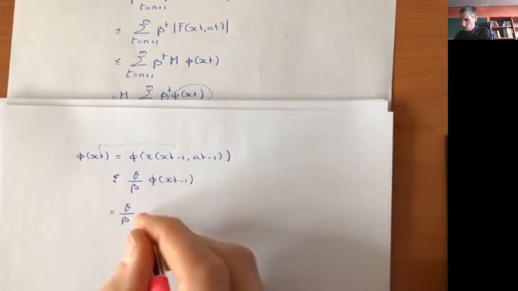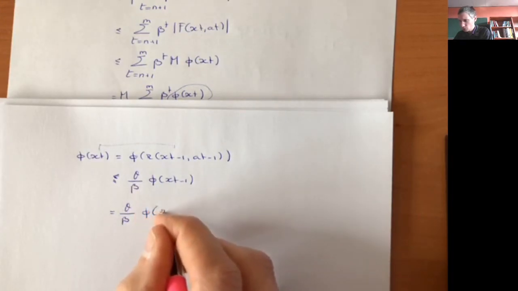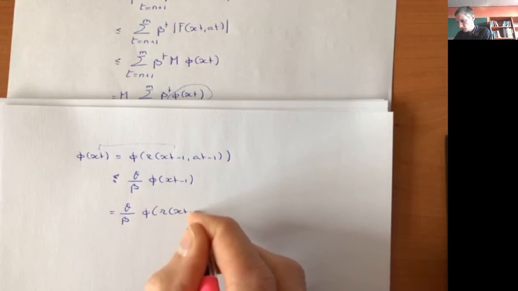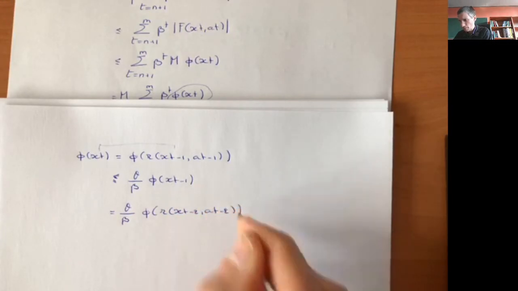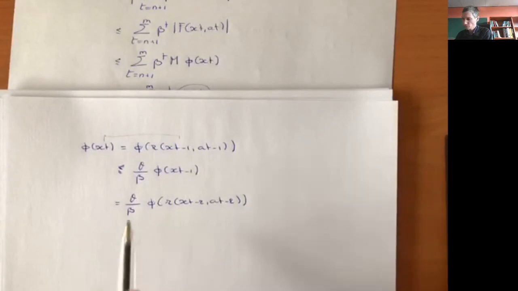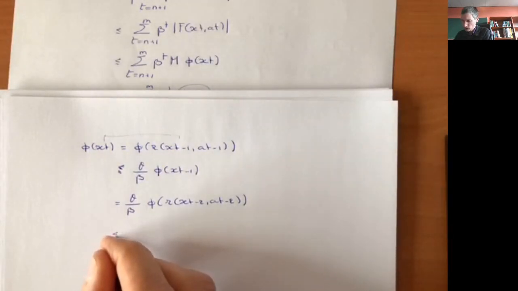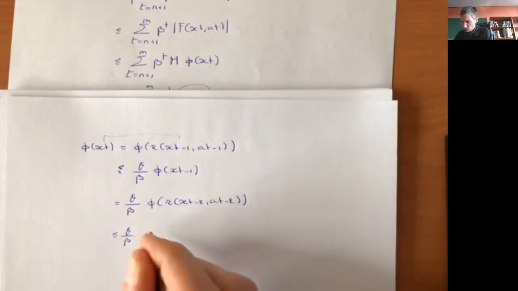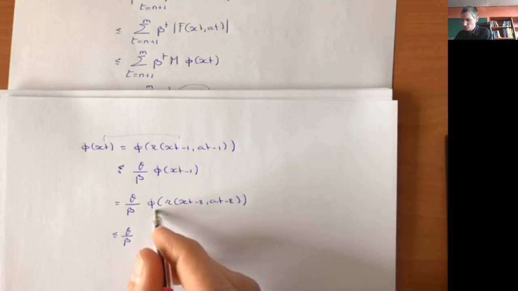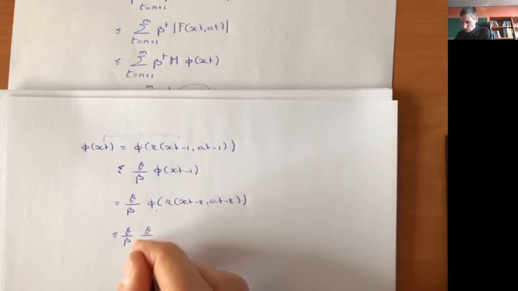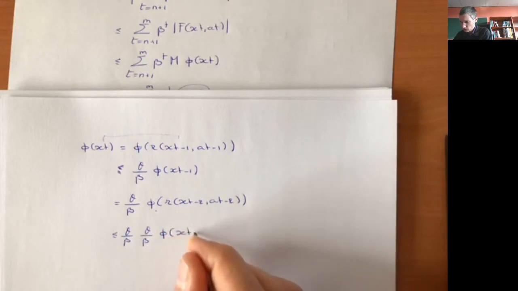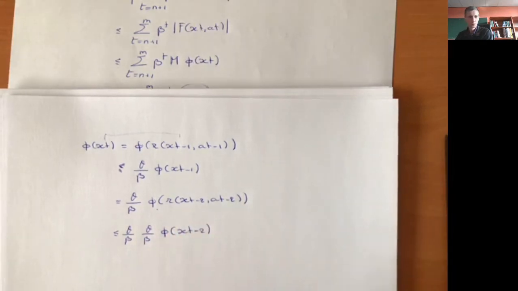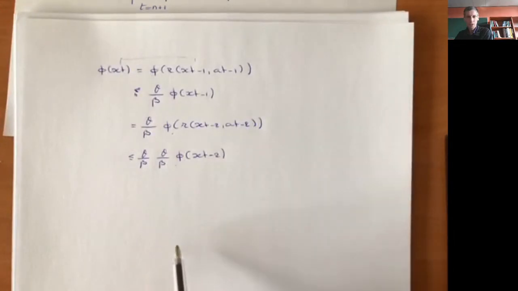Okay, and we can do the same thing again. We copy the first thing. What's xt minus 1? Well, it's r of xt minus 2, at minus 2. And then again we can upper bound this by theta over beta of phi xt minus 2. And we can do this again and again and again.